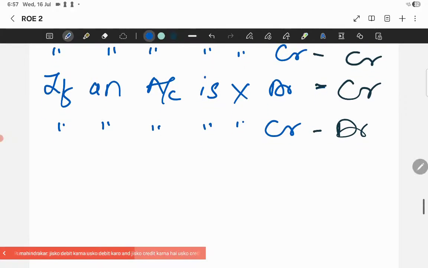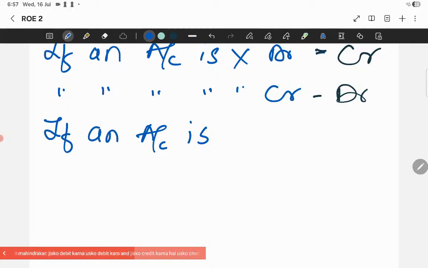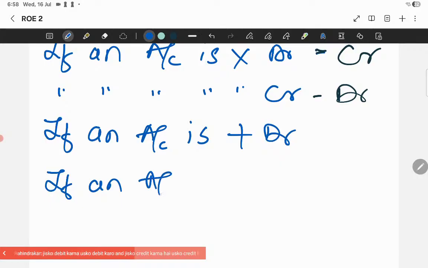Okay, now next is, if an account is given excess debit, when I say plus excess, and if an account is given excess credit, what happens?